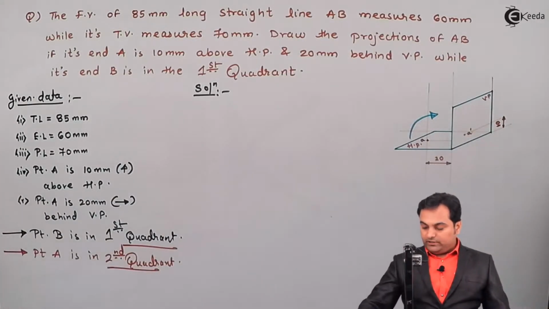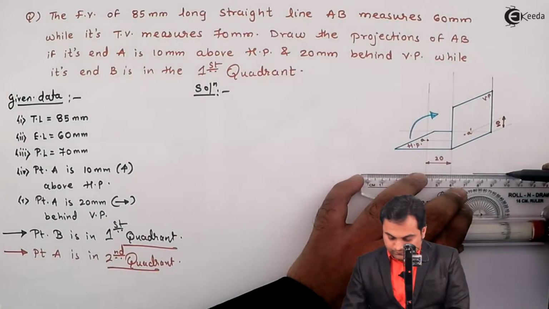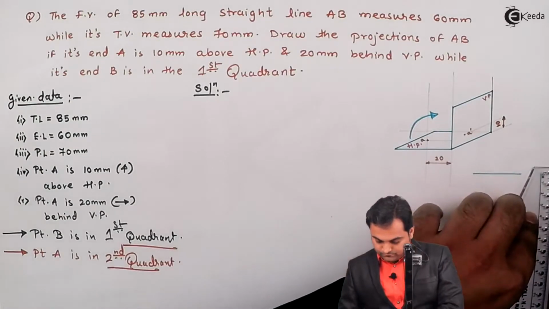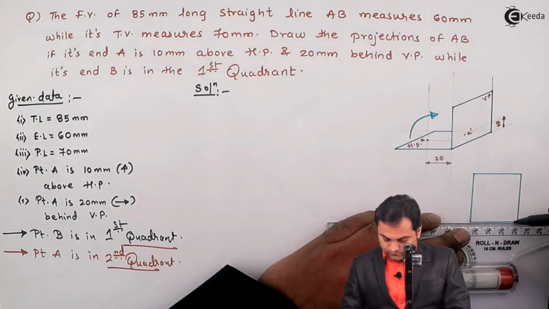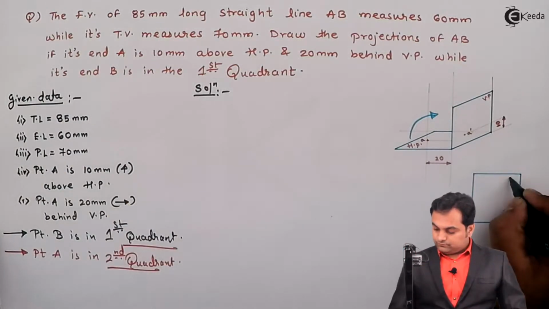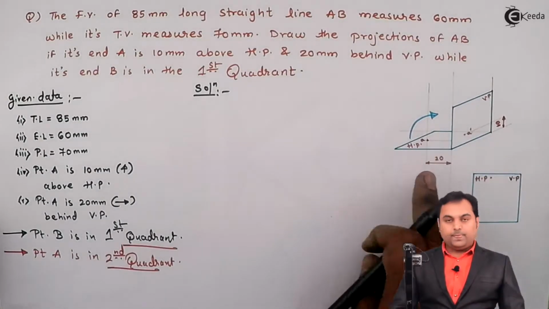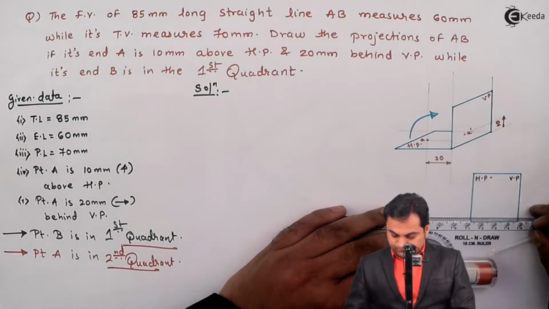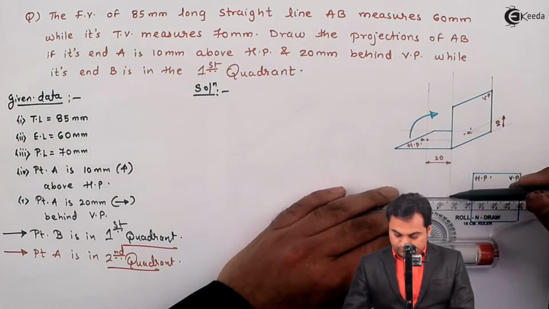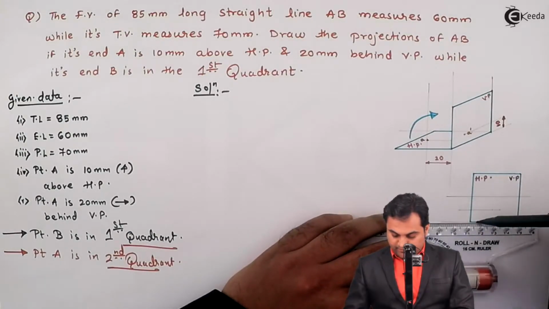So when they overlap, here we have VP, HP, then point A will be 20 mm above and point A dash will be 10 above.